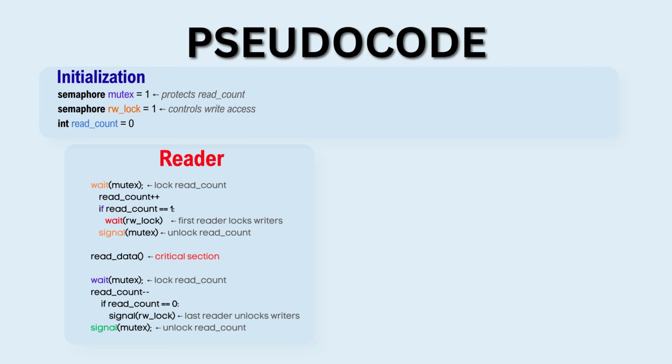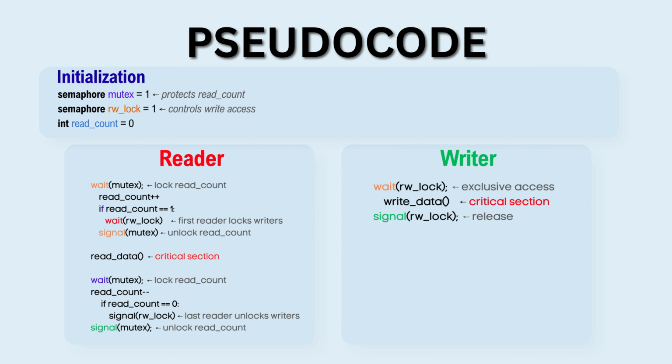Signal mutex to release read count. Now read the data. When done, wait on mutex again, decrement read count. If this is the last reader, then signal RW lock to let a waiting writer in, and then signal mutex. Writer logic is much simpler.